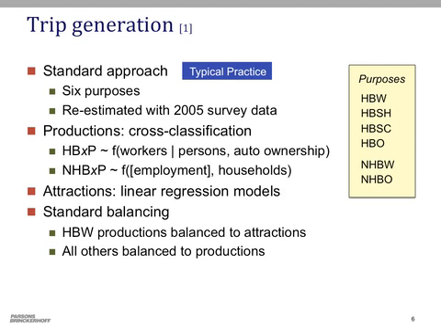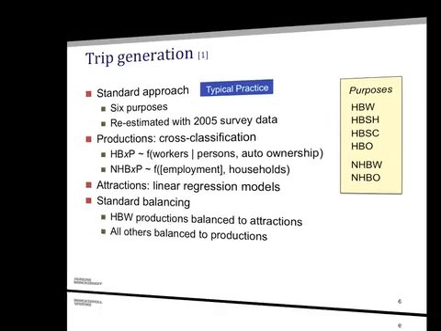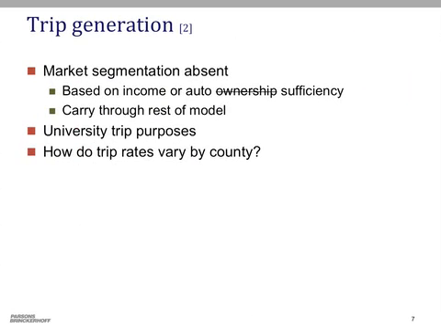Now, the one thing that you will notice that is not in this model is market segmentation. This is something that Bill and I picked up when we did our review, and it's important to note that although in the earlier models in their series they have almost no market segmentation, we'd like to see them do something based on auto sufficiency rather than ownership and on income, which of course would carry through the rest of the model.